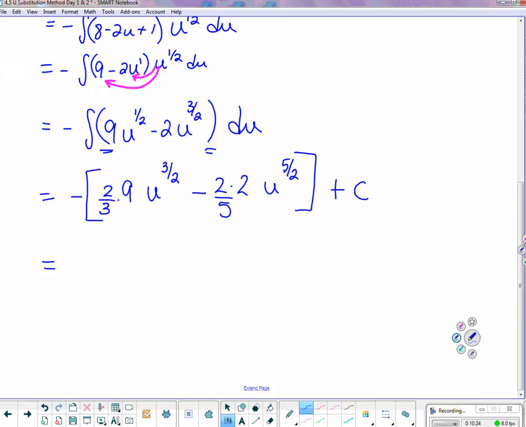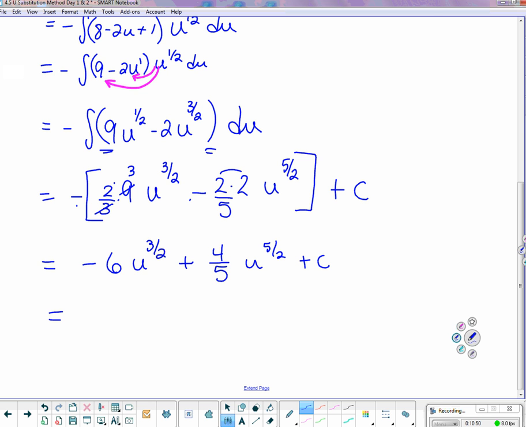Now it's just simplifying. 3 divided into 9 goes 3 times. So I have a 2 times 3 with the negative out front will give me -6 u to the 3/2. Minus minus gives me plus. 2 times 2 is 4, 4/5 u to the 5/2 plus 2, or plus c.